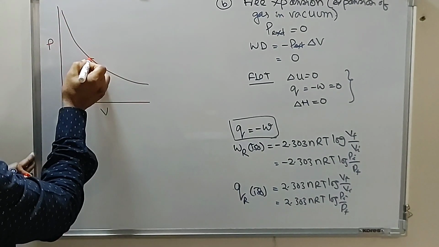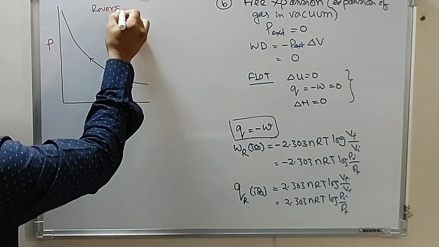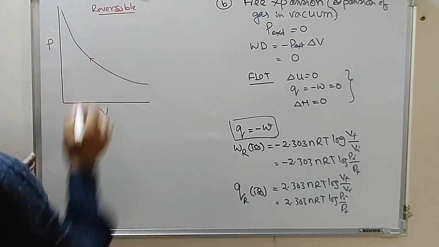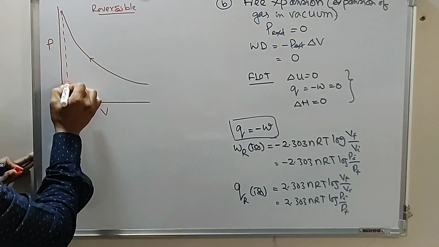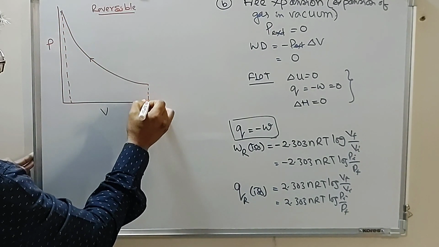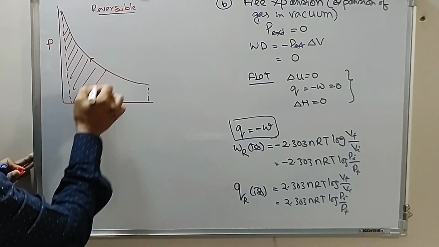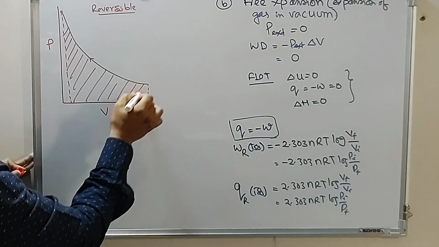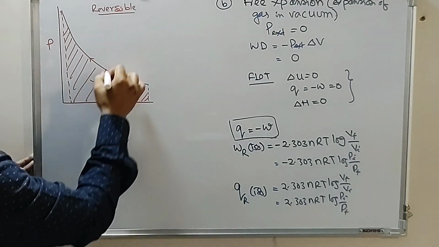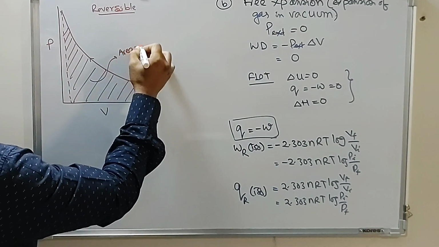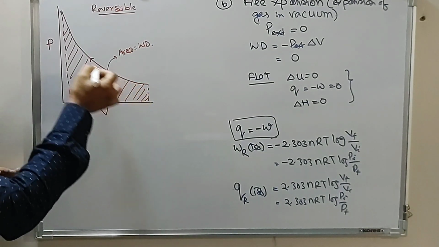This is, suppose, compression work, and this is for a reversible process. This area under the graph represents the net work done. If the process is reversible, it means there is a continuous process.